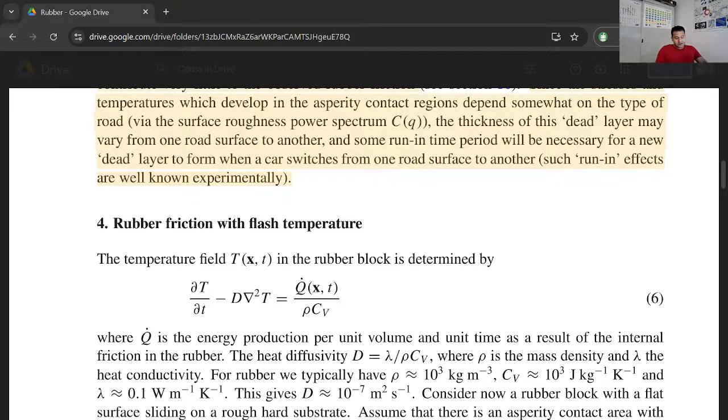So thus at very high velocities, the time under friction in a single asperity will be very small.